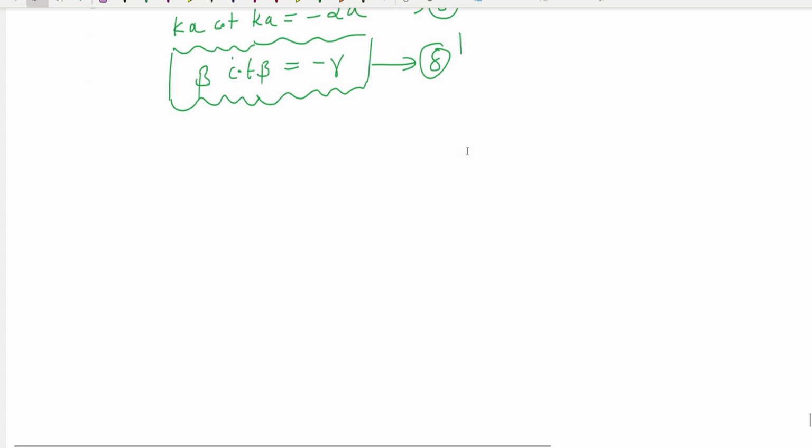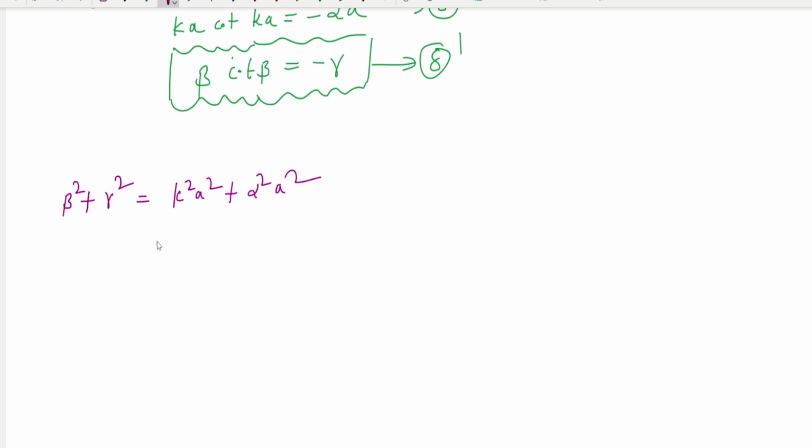Then if you try to add beta square and gamma square, beta square plus gamma square equal to, so what is beta square? We know that k square a square plus alpha square a square. Therefore, here I'm going to write k square plus alpha square into a square.